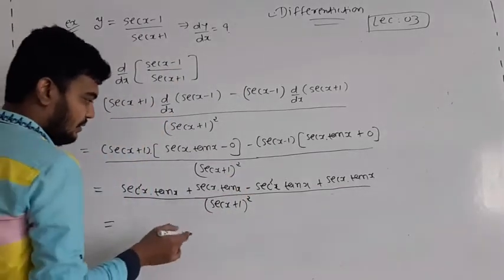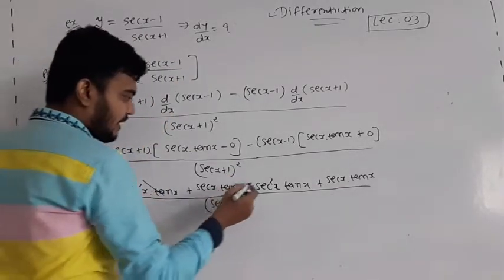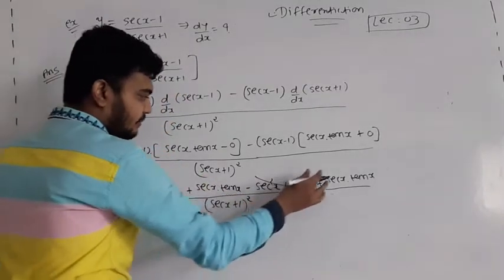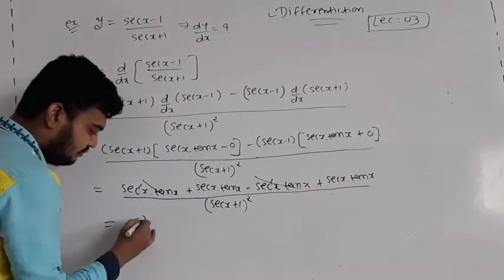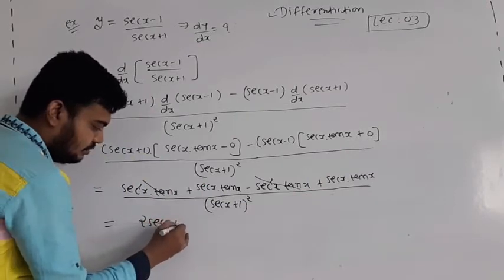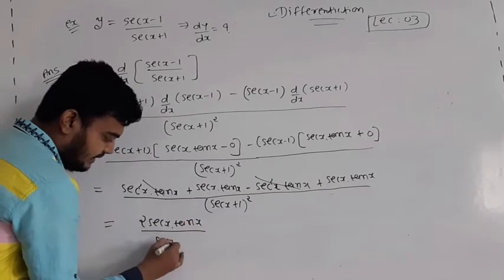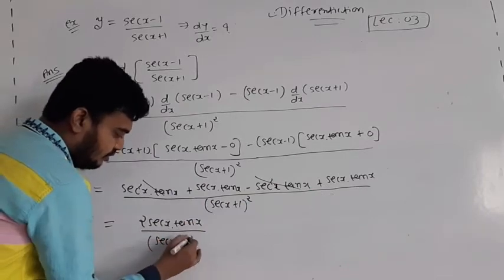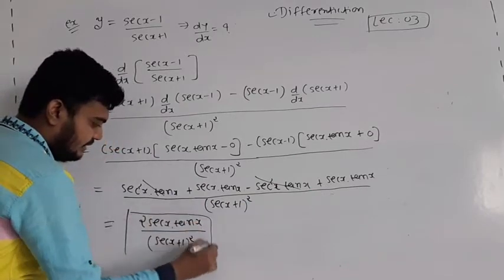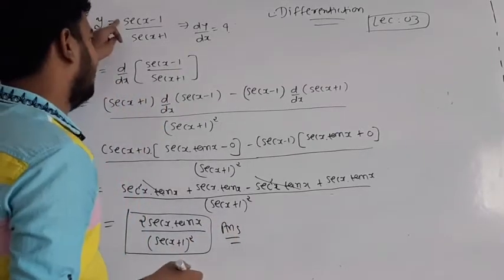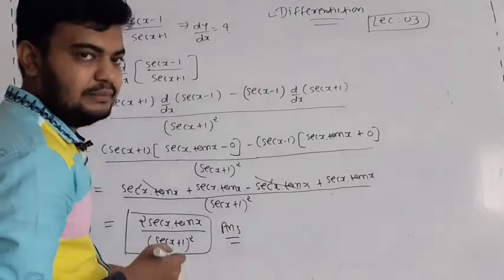So sec square x tan x minus sec square x tan x will cancel out, and sec x tan x plus sec x tan x becomes 2 sec x tan x, whole upon sec x plus 1 the whole square. So it is the derivative of sec x minus 1 upon sec x plus 1.